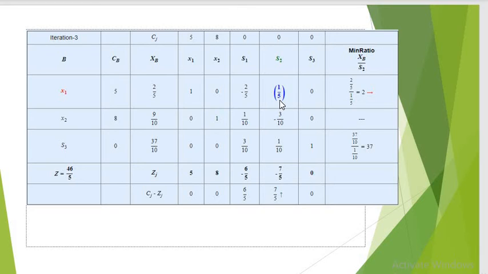That means we have to form the next table. Here the pivot element is 1 by 5. So make this pivot element 1 and all other elements in that column 0. For that we can use the new elementary row operations.